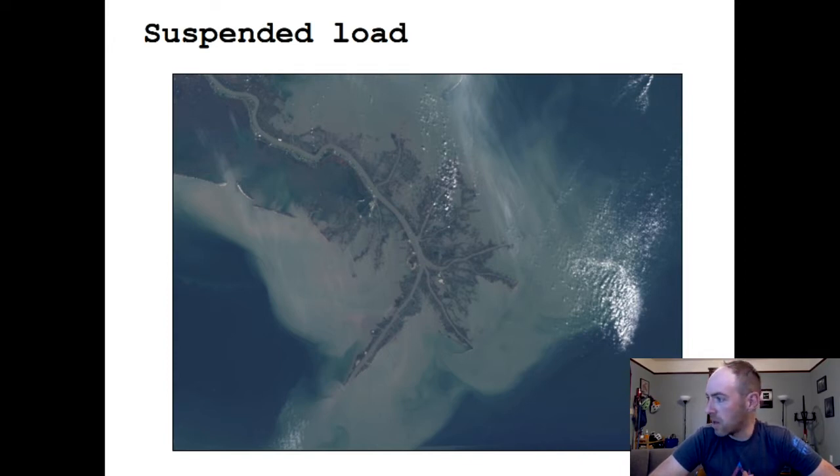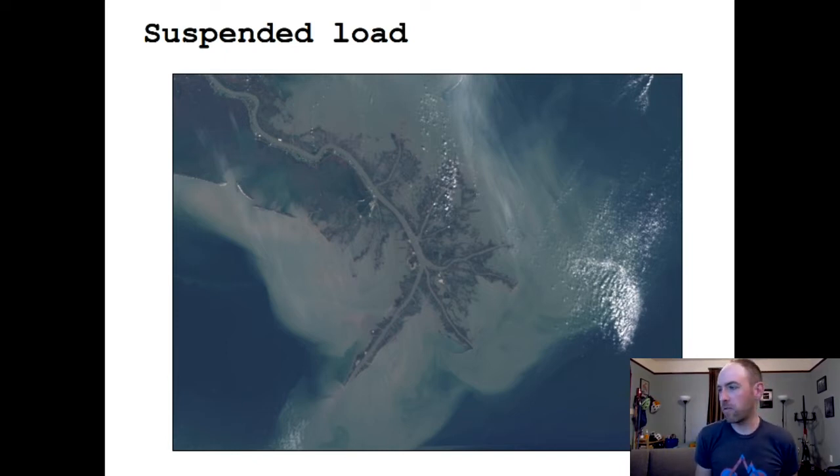It's something that comes up a lot in conversations about rivers and about suspended sediment transport, and so I think it's worth talking about here in the context of how it results in sedimentation.